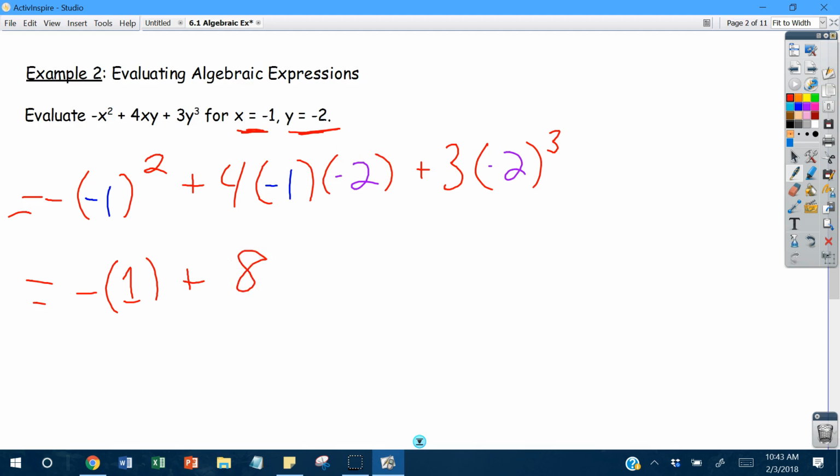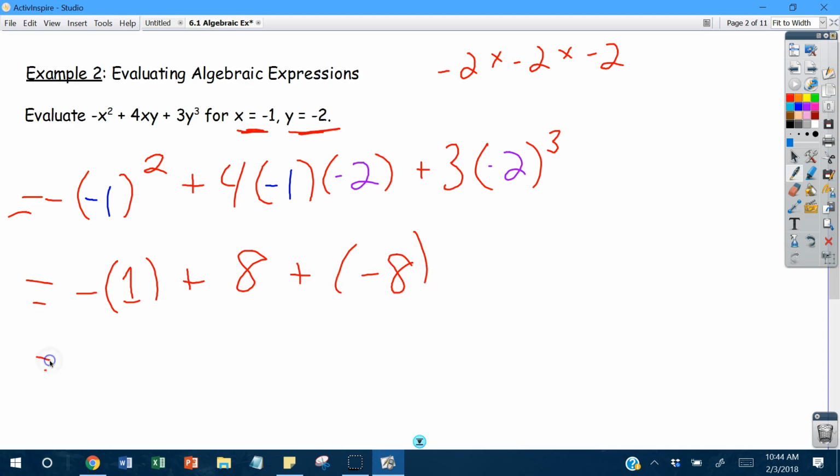And then we'll just do the exponents first on this third part. We'll do -2 to the third power. So -2 times -2 times -2 is going to be -8. Oops, I put an equal sign there. So this is going to be plus -8. And now I've got three numbers.